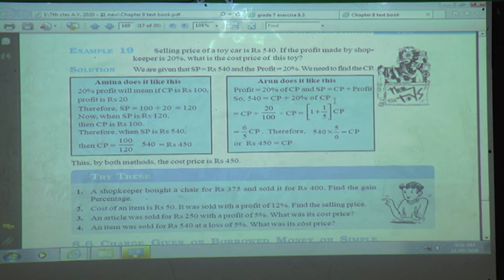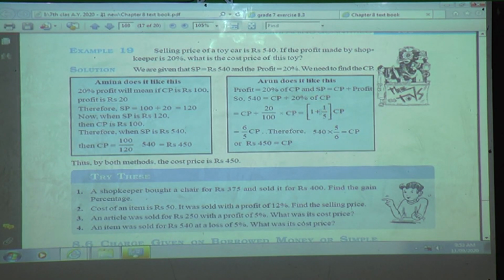We write 20% in the form of 20 upon 100 multiplied by CP, which is CP multiplied by the bracket 1 plus 1 upon 5, since 20 upon 100 reduces to 1 upon 5.